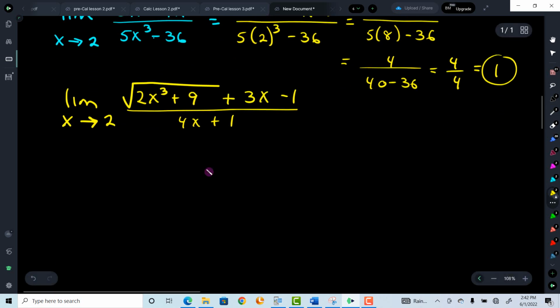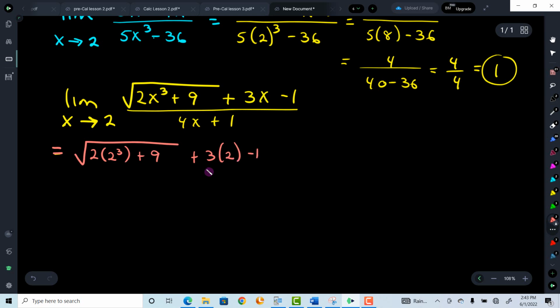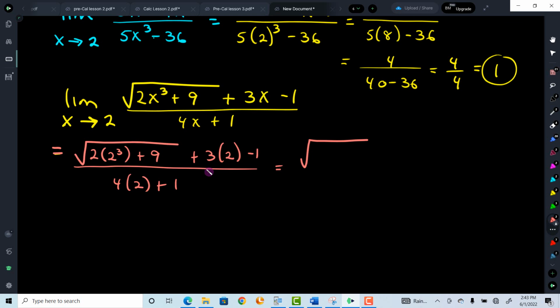Okay, so let's say this will equal, and that's not working, here we go. This will equal the square root of 2 times 2 to the 3rd plus 9, plus 3 times 2 minus 1, over 4 times 2 plus 1. So we get the square root of 2 times 8.